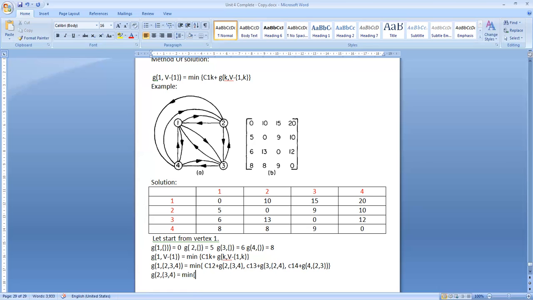So minimum of: from vertex 2 I go to 3, so C23 plus G of 3, and from 3 I should go to the remaining vertex, what is it? 4, and come back to vertex 1.